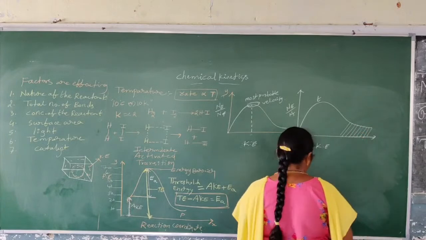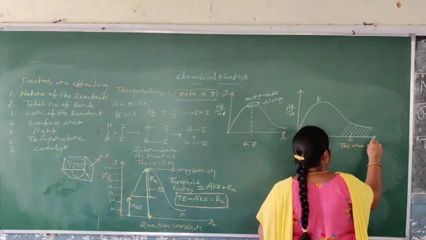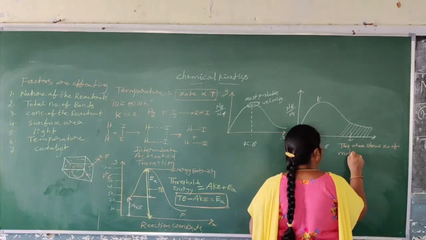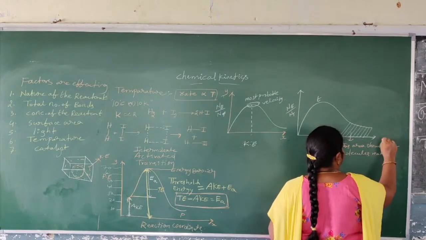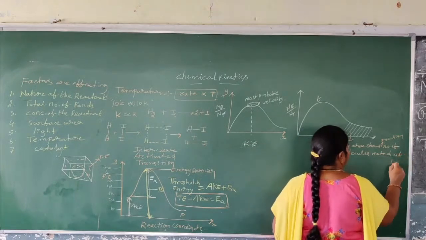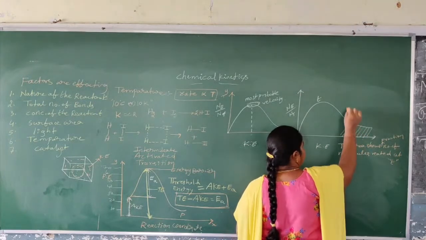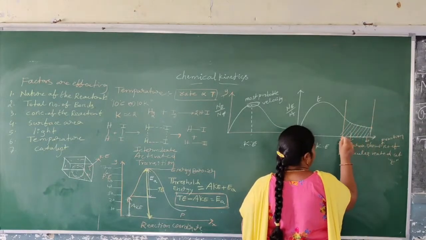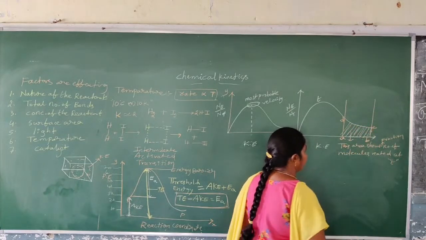So this area shows the fraction of the number of molecules reacted at T temperature. These numbers of molecules are involved in the reaction, that is sigma. A, B, C, D, this area of molecules is involved in the reaction.